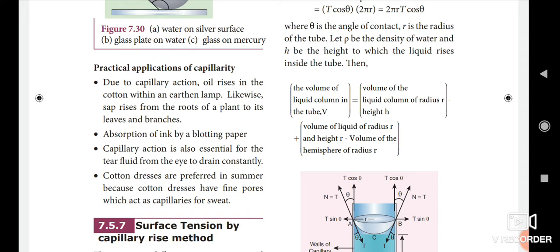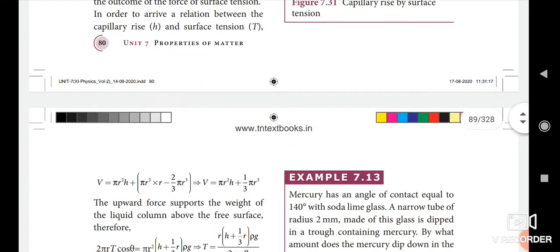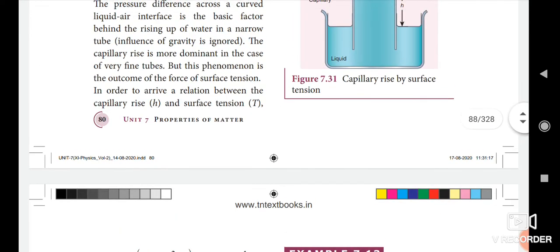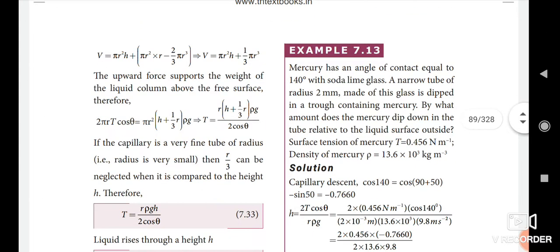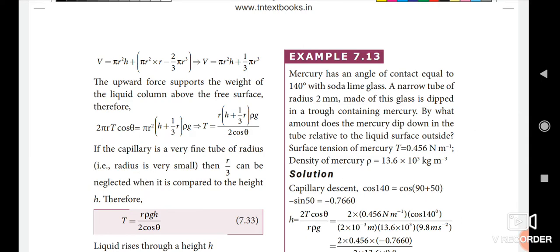Here also we apply the volume of the cylinder, but here the height is r, so instead of h in pi r squared h we put r. So pi r squared into r, minus the volume of the hemisphere, 2 by 3 pi r cube.